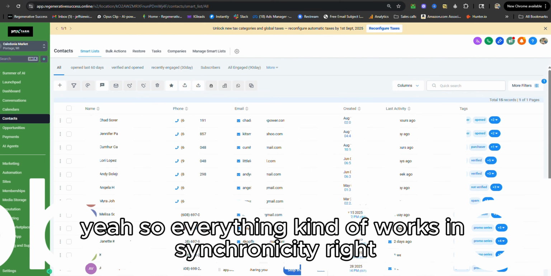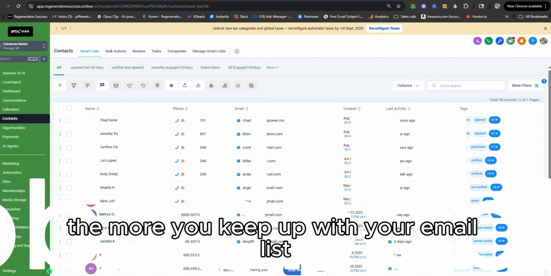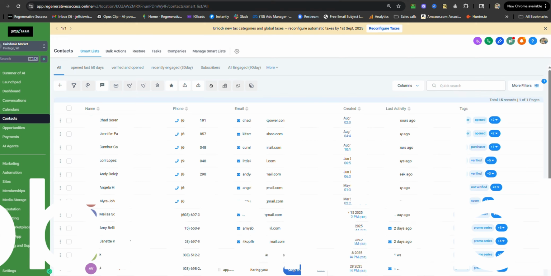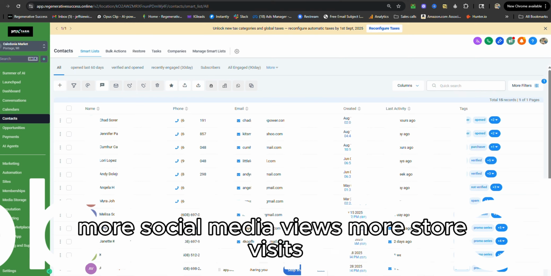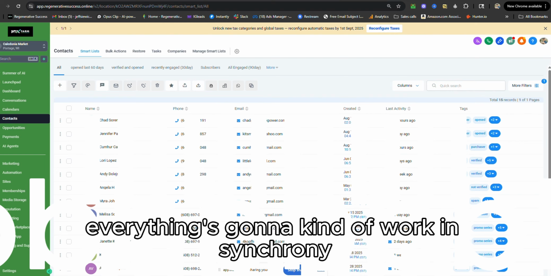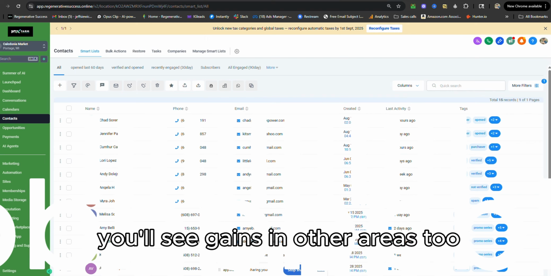Yeah, everything kind of works in synchrony, right? The more social media you do, the more you keep up with your email list, it's going to give you more Facebook views, more social media views, more store visits, in-person visits. Everything's going to work in synchrony. So you'll see gains in other areas too.